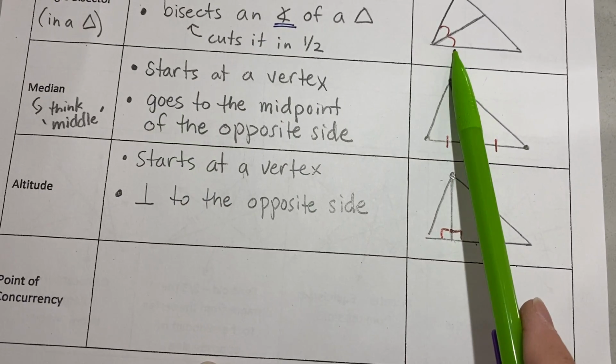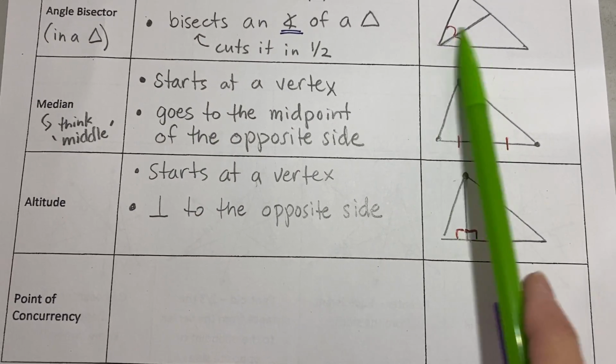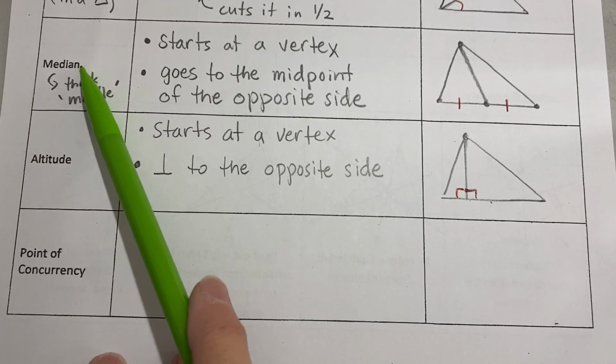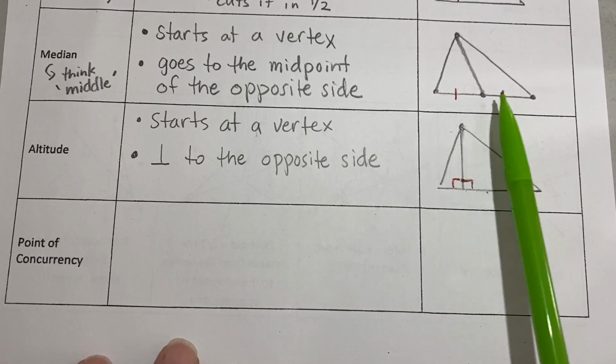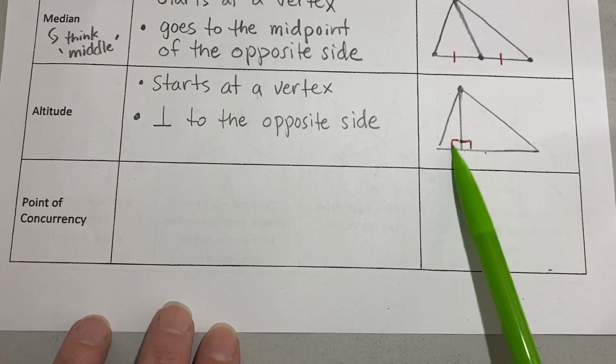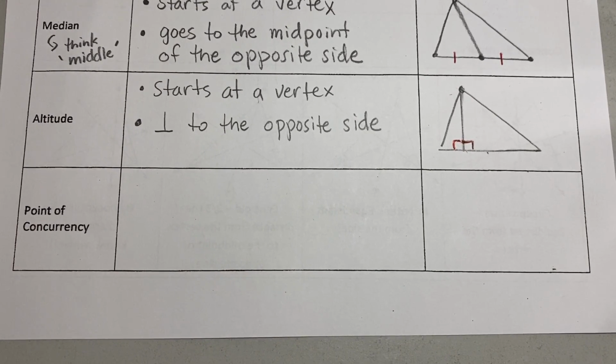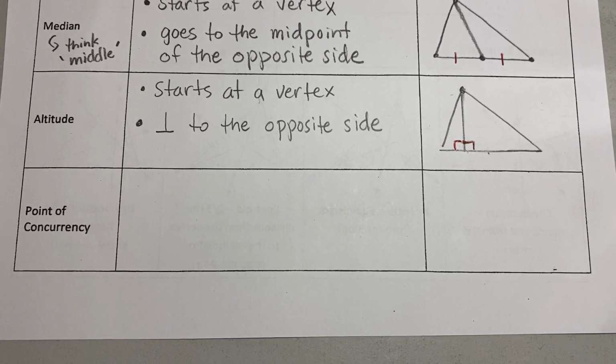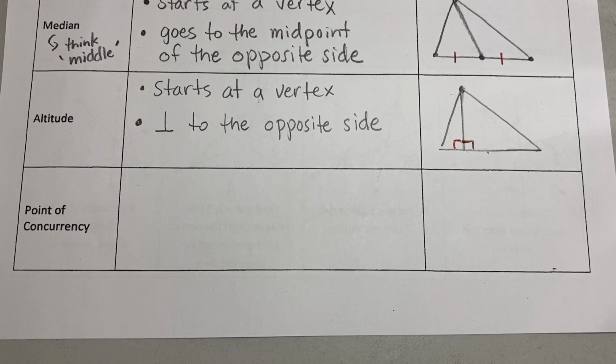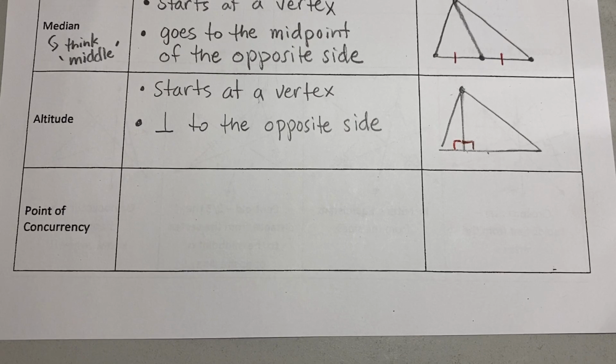And whenever you see angle bisector, these are the marks that you can put because it's angles. And whenever you see median, these are the marks that you can put. And whenever you see altitude, you mark these right angles. So the hard part is knowing what these words give you in the drawing. And if you can do that, then these are really easy questions.